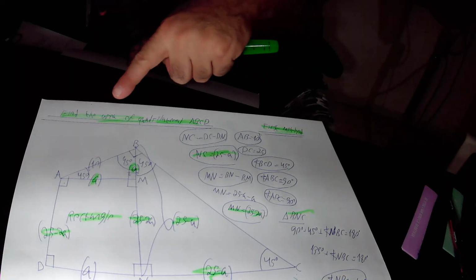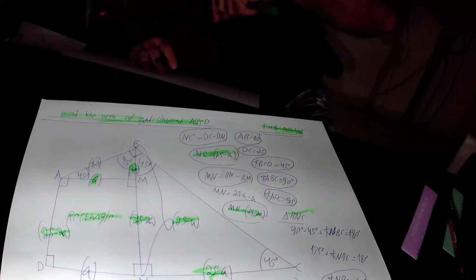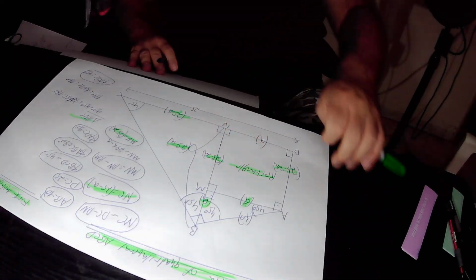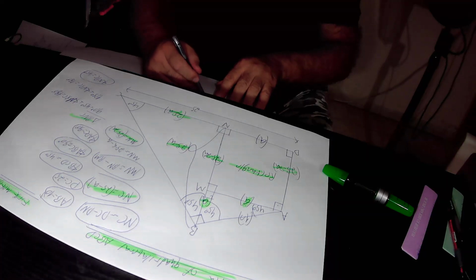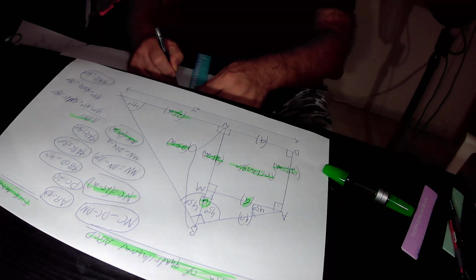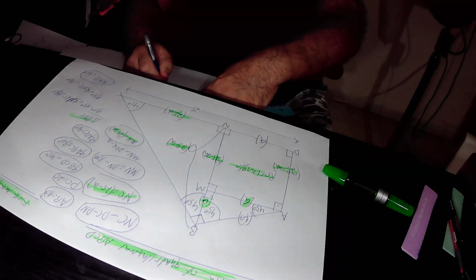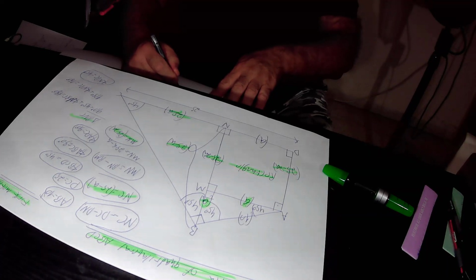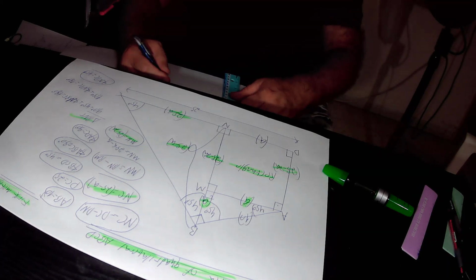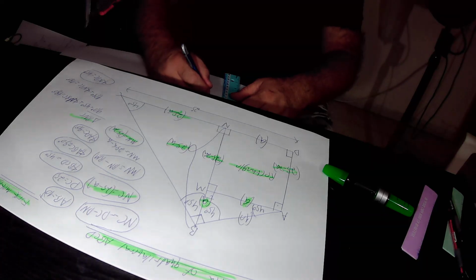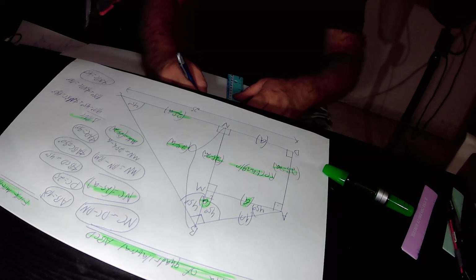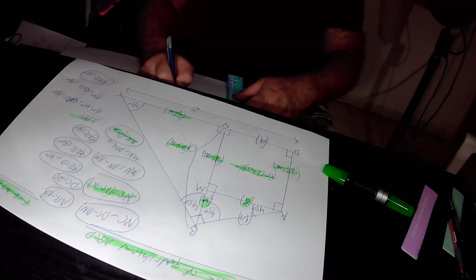So I'll copy this small right triangle ABM on a new page and we will implement the Pythagoras theorem on it. Here PT is the abbreviation of Pythagoras theorem.